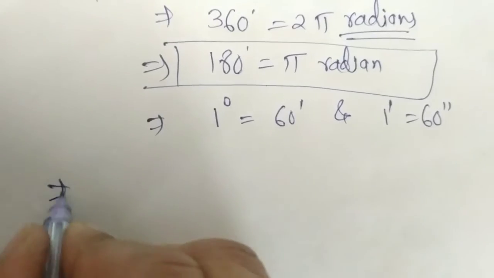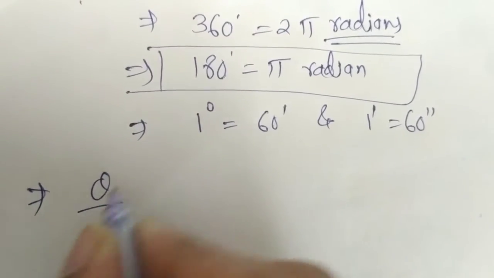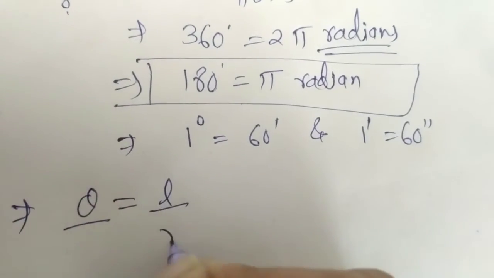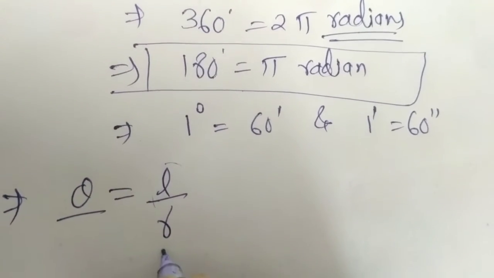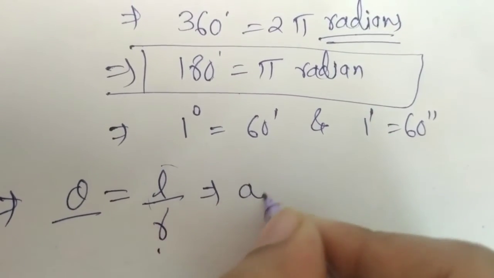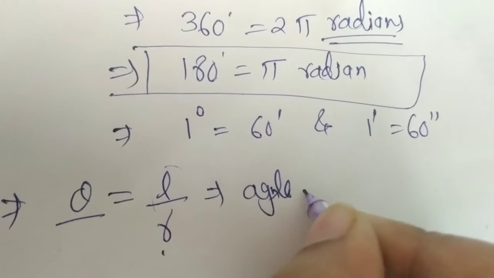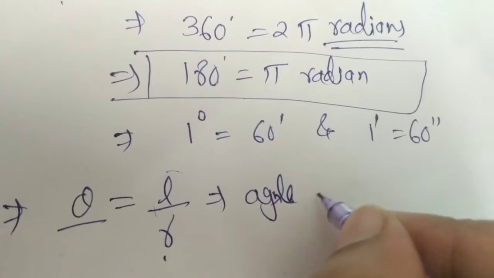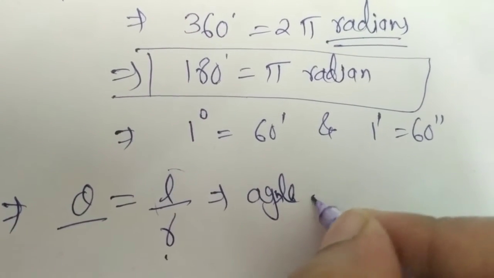So theta is equal to L upon R. Our arc length upon radius gives us the angle at the center in radians.